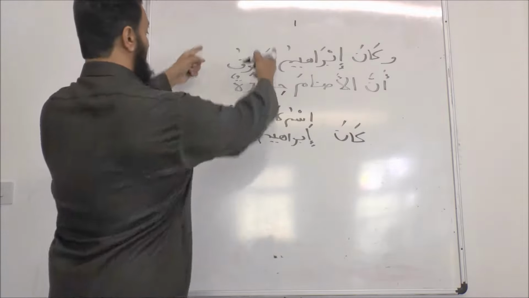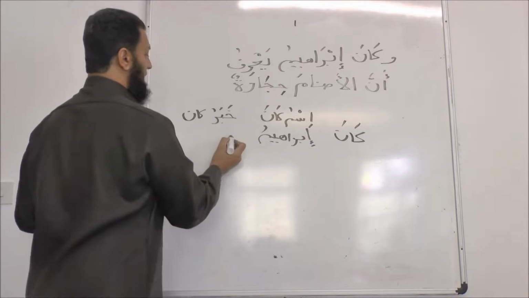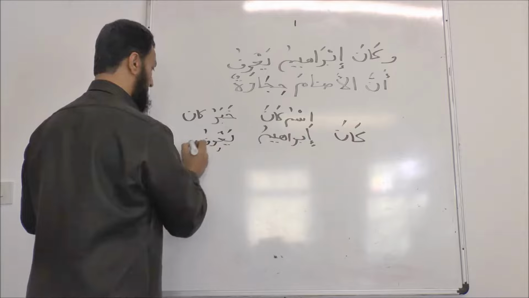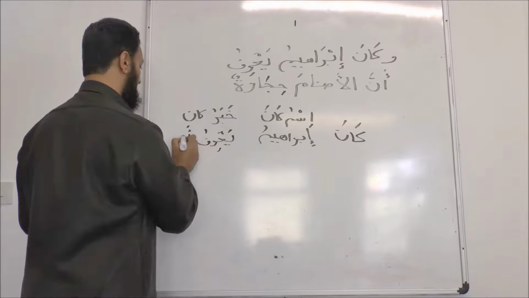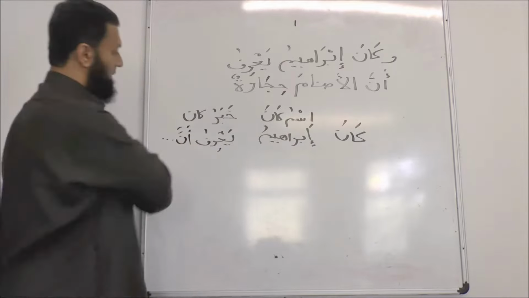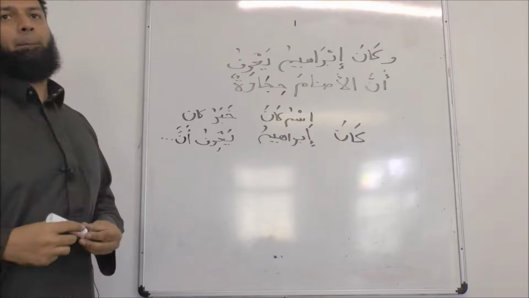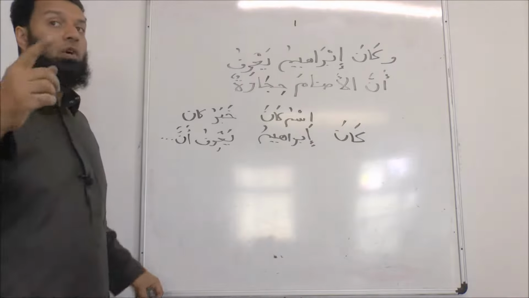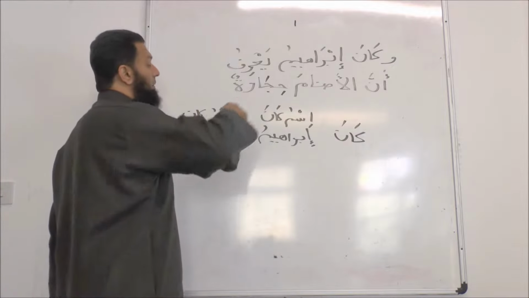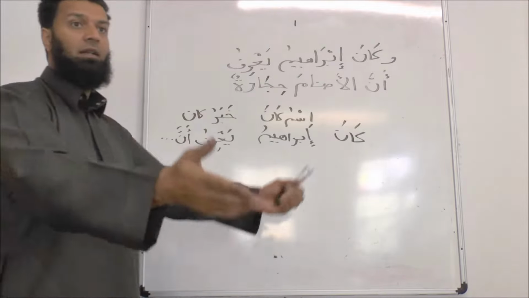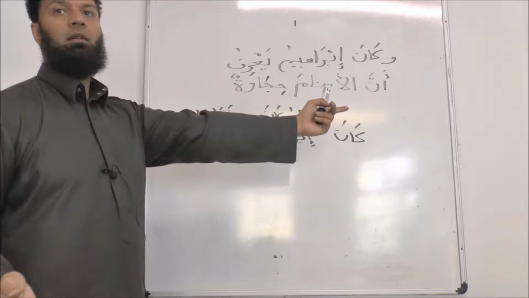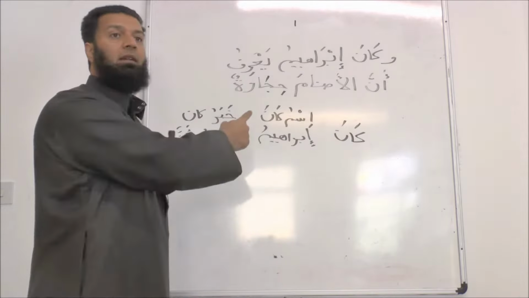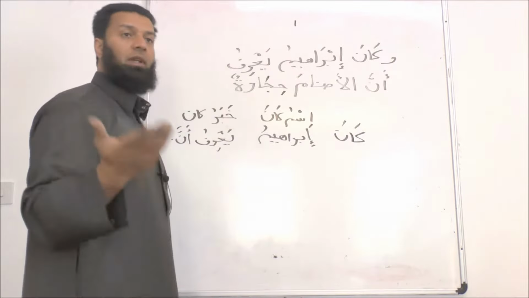So the rest of it is يعرف أن etc. So what we know therefore is that khabaru kana can be a complete sentence, which in this instance is a jumlatun fi'liyyah.